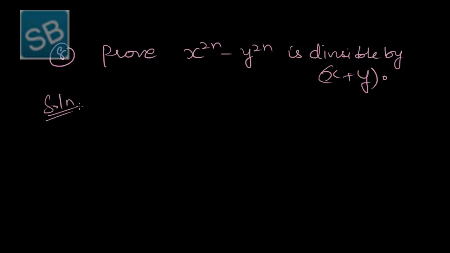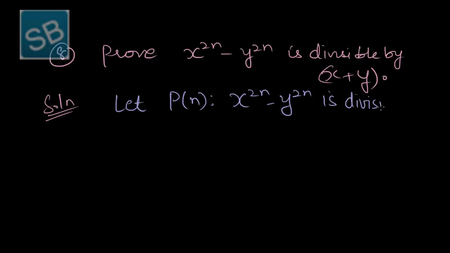So, the solution is: let P of n be x raised to power 2n minus y raised to power 2n is divisible by x plus y.